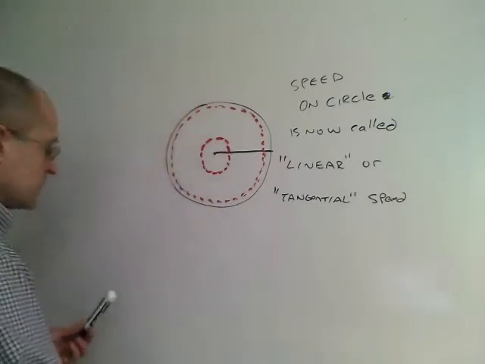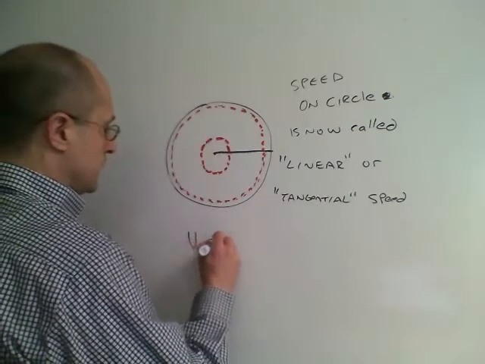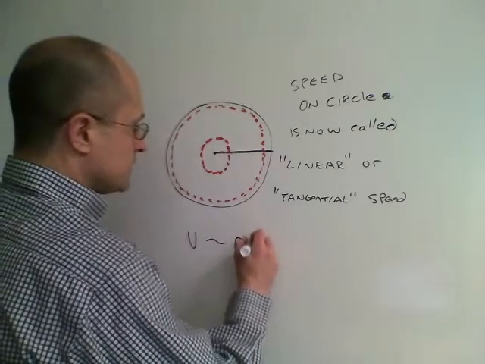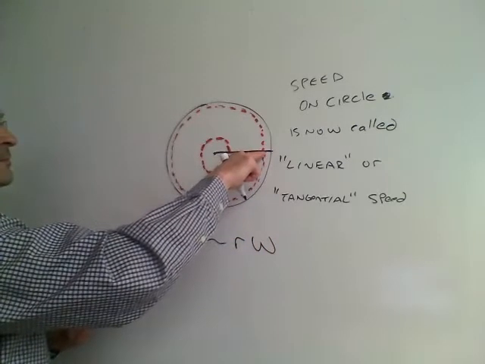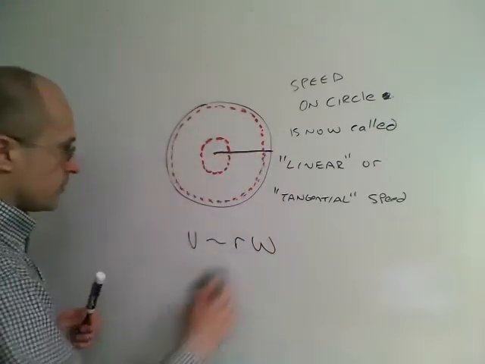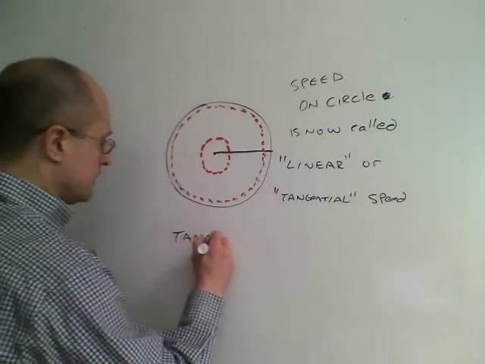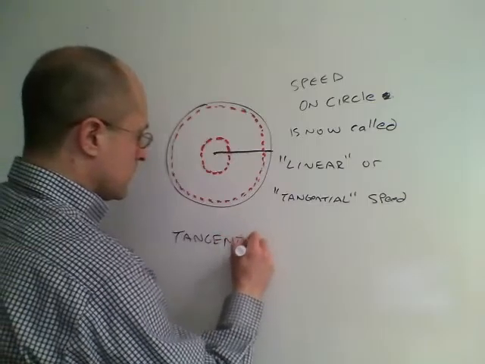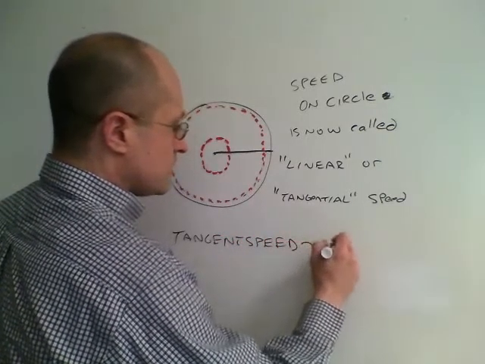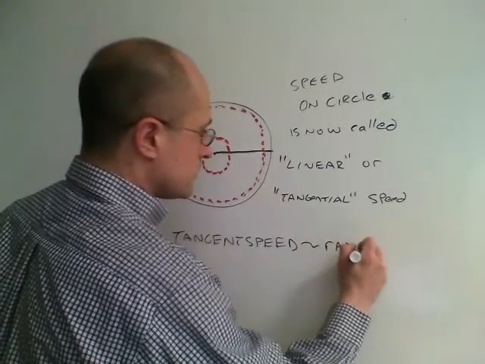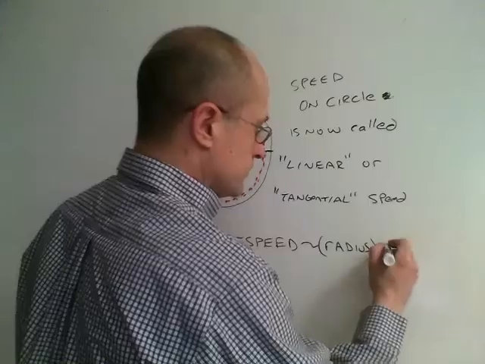That there must be some relation between v, our tangential speed, the radius, and omega. We'll write this out: there should be a relation between the tangent speed, something with the radius, and the rotation rate.